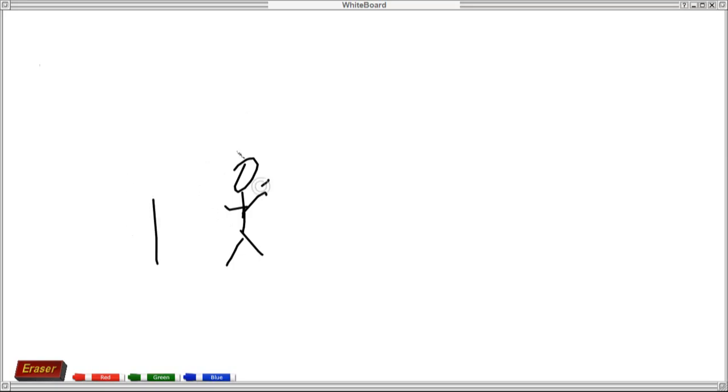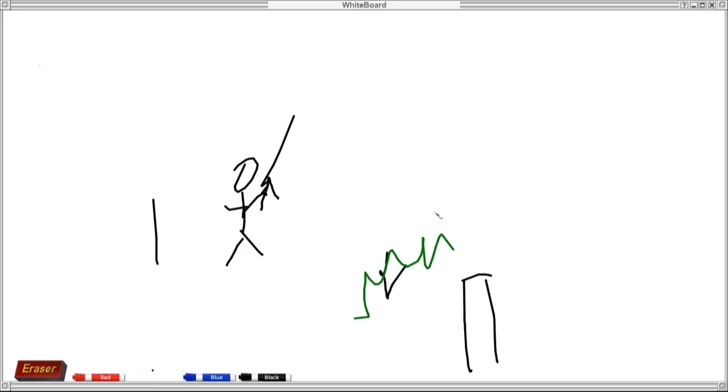You have your swords and everything. And let's say you have a tower here that's relatively high, or pretty much hidden somewhere in the bushes.